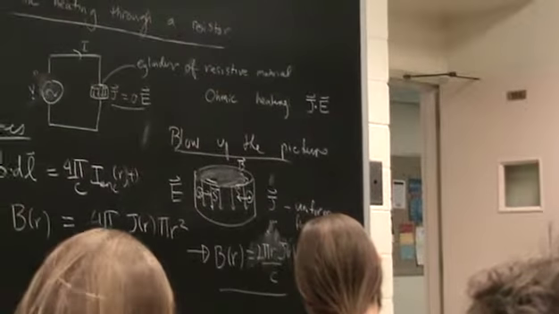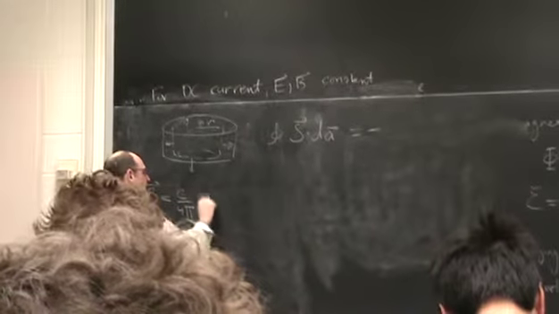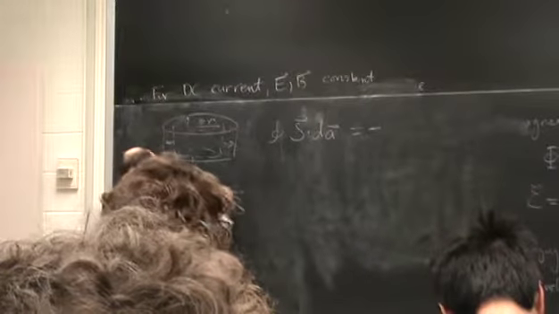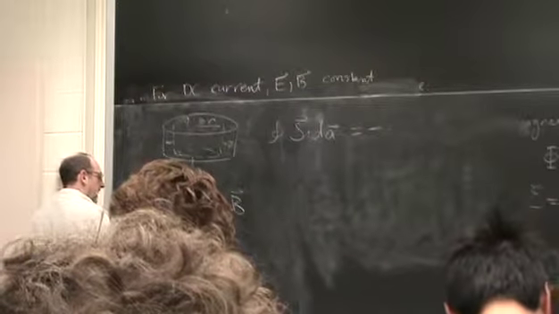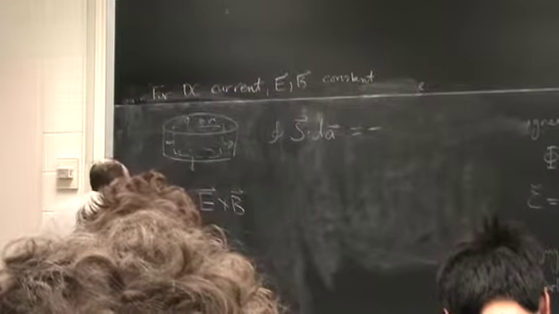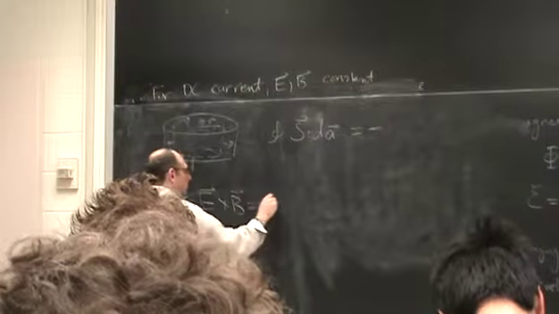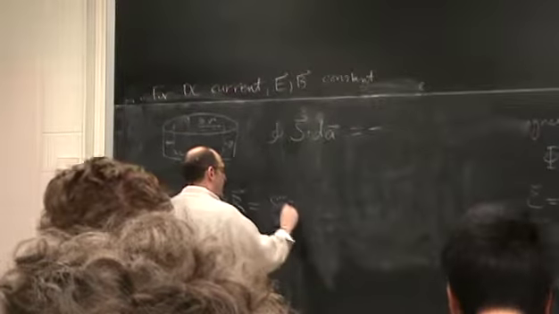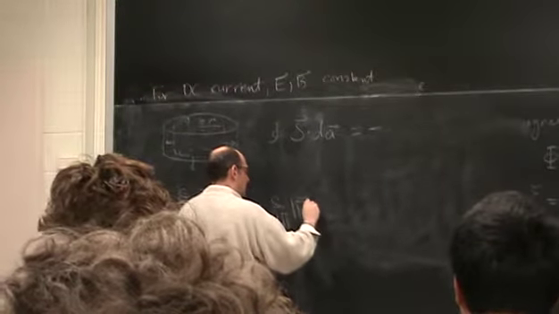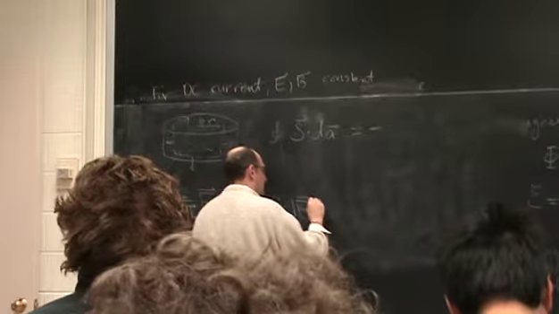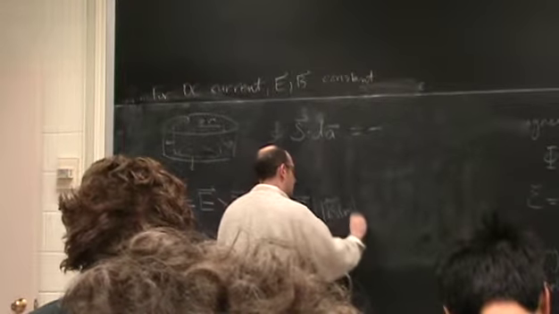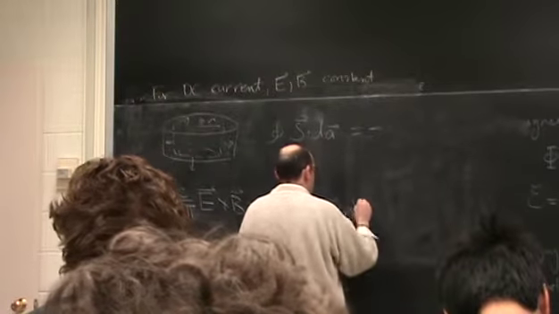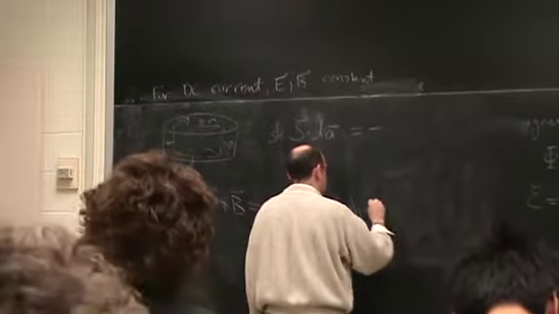So S is equal to c over 4 pi, E cross B. So the magnitude of S is equal to c over 4 pi, the magnitude of E, the magnitude of B at that radius, in the minus rho hat direction.